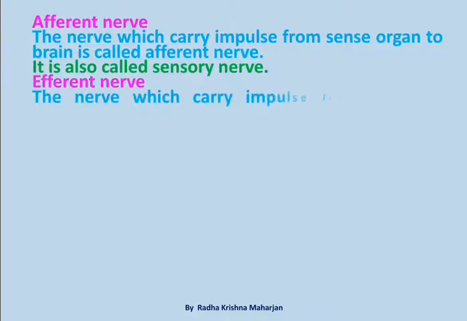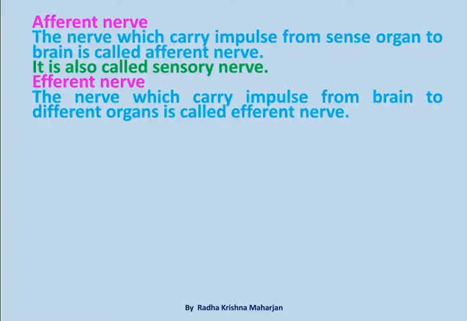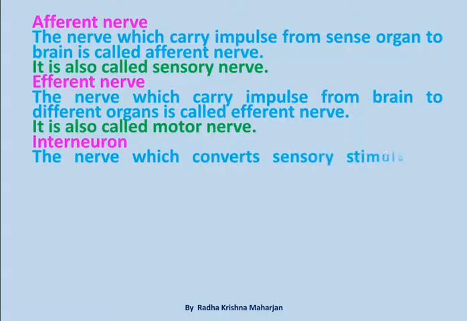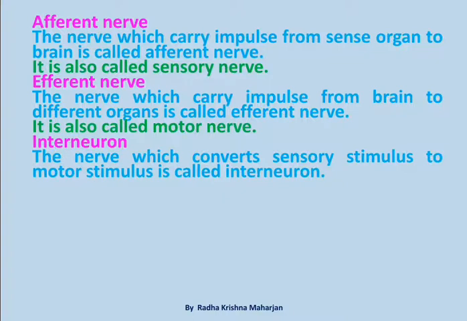The nerve which carries impulse from brain to different organs is called efferent nerve. It is also called motor nerve. Interneuron. The nerve which converts sensory stimulus to motor stimulus is called interneuron.